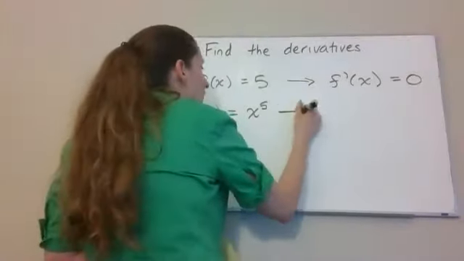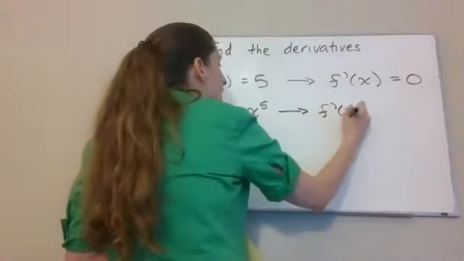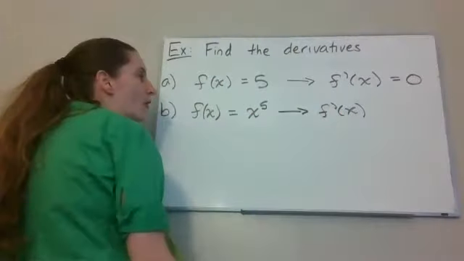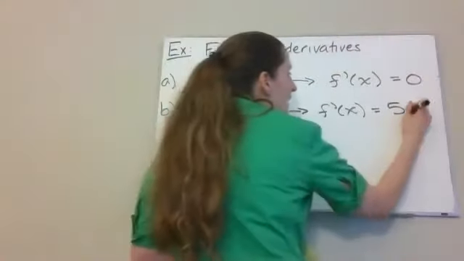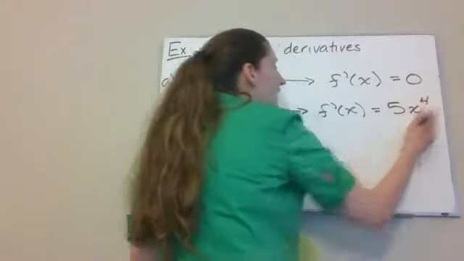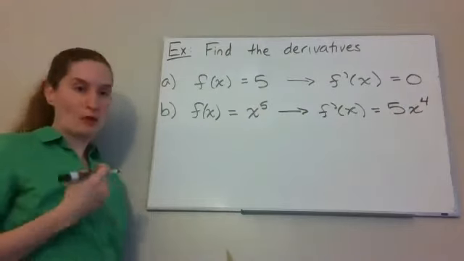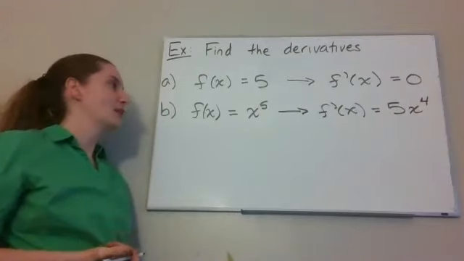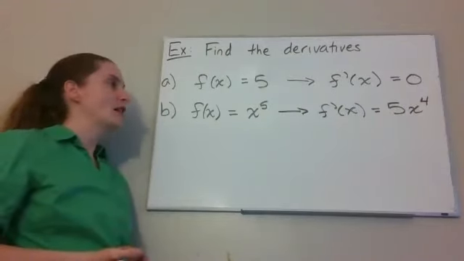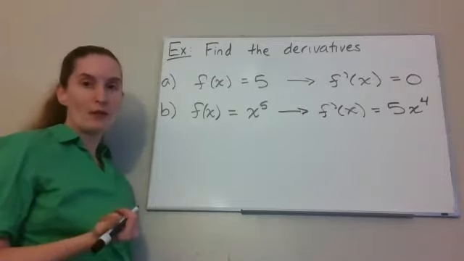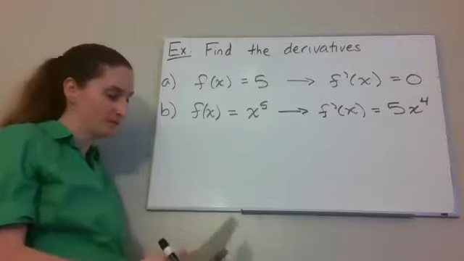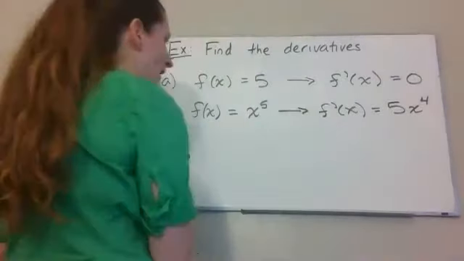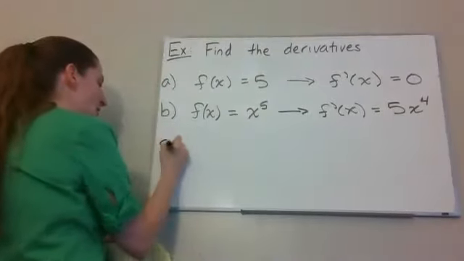And the power rule says that the derivative of x to a power is equal to that power times x to the n minus 1 power, so 1 smaller. I get to bring the 5 down in front, then I have x to the 4th power because 4 is 1 smaller than our previous power. Way quicker than using the limit definition.